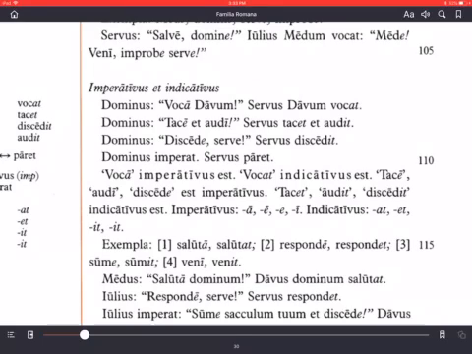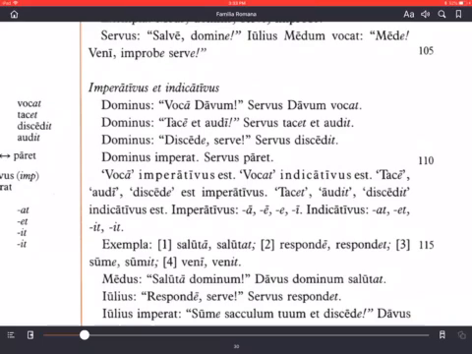Now, if you remember back in the story, he tells Medus, one of the slaves, to call Davus, and that is what he says, voca Davum. Voca is the imperative verb form. Notice it ends with a vowel, a long A in this case, and then he uses the accusative case for the person he wants him to call, voca Davum.